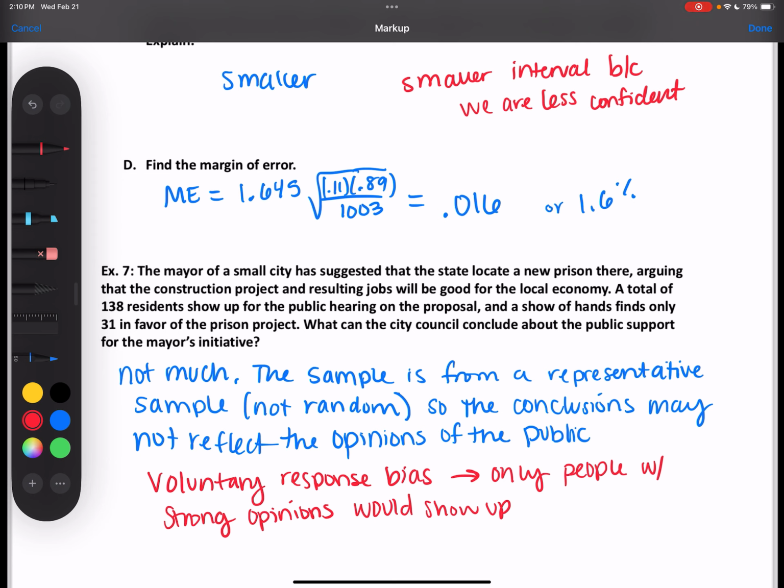So more than likely it's not a good representation of the public, which is kind of what it means by it's a representative sample, but it's not necessarily a good representation of them.